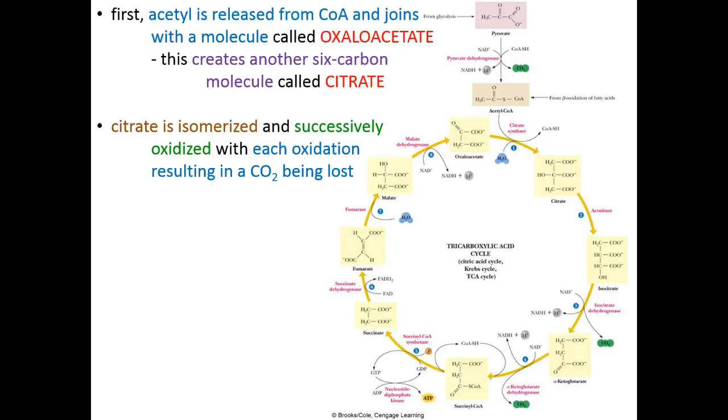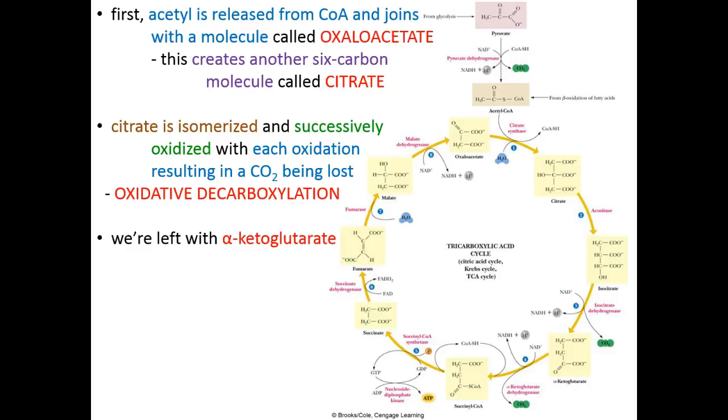By stealing electrons, we're oxidizing it, and a net result of the oxidation events are decarboxylations where carbon dioxide is released. So we'll do 2 of those in a row. 2 successive oxidative decarboxylations in a row, each one of them stealing electrons and, more importantly, perhaps causing carbon dioxide to be released. These are the 2 carbon dioxides I told you in the last chunk we would be releasing.